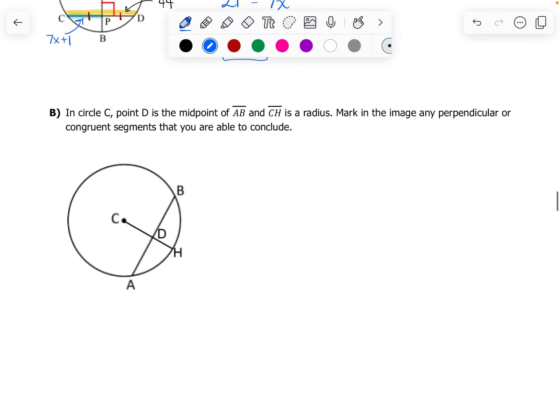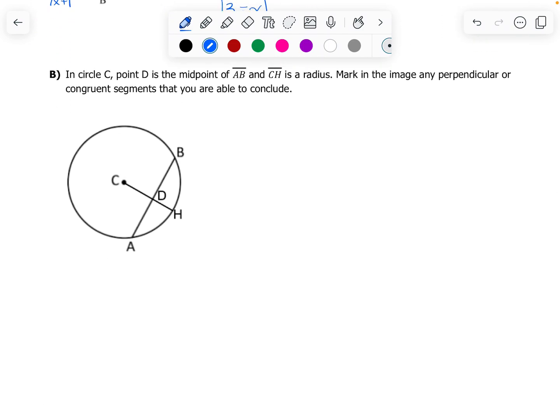All right, we've just got one last question, and it says, in circle C, point D is the midpoint of segment AB, and CH is a radius. Mark in the image any perpendicular or congruent segments that you are able to conclude. Because D is at the midpoint, we know that either half is going to be congruent.